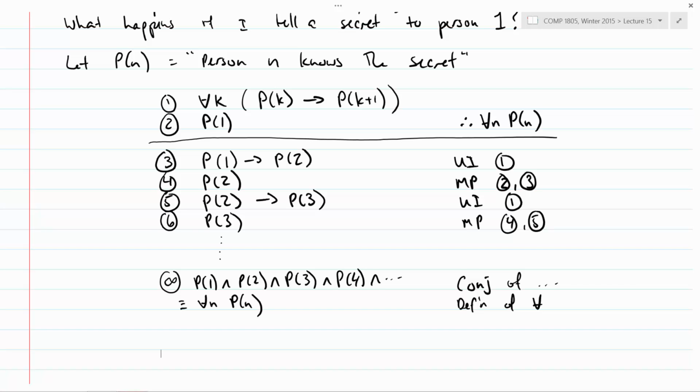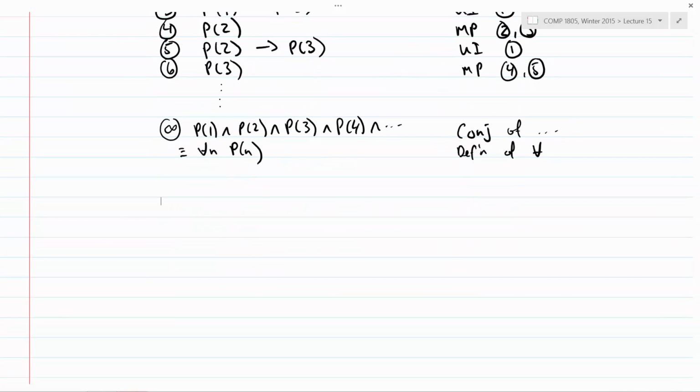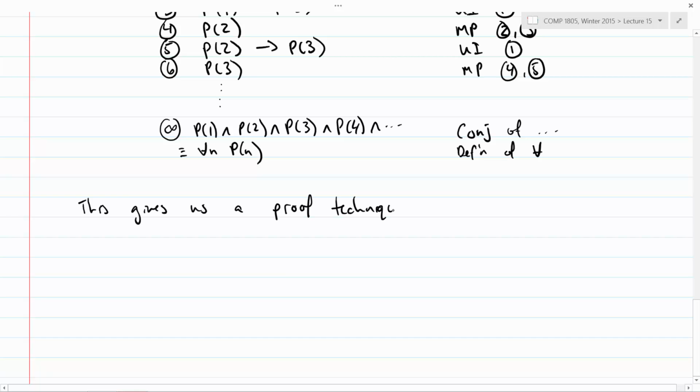All right, so this gives us a proof technique. And specifically, it gives us a proof technique to prove for all x, Px, when the universe of discourse is the natural numbers.